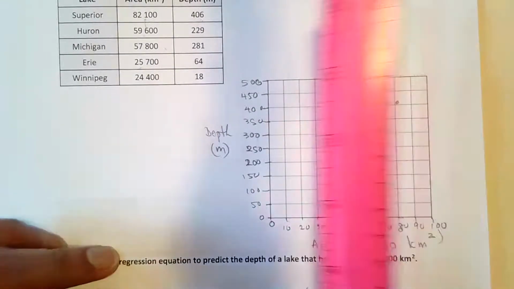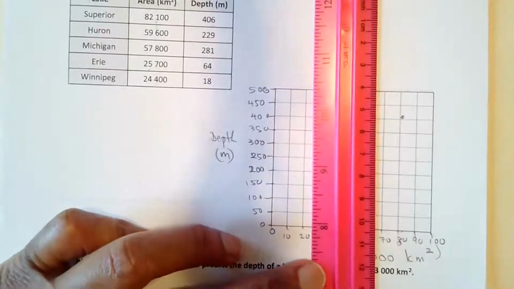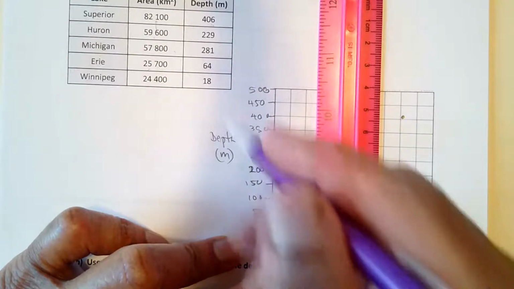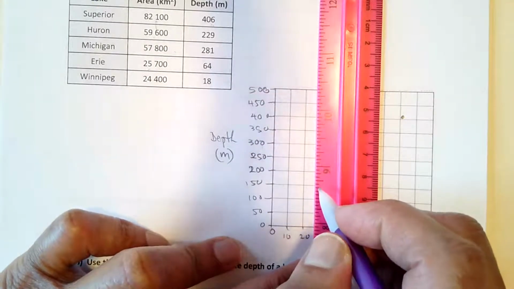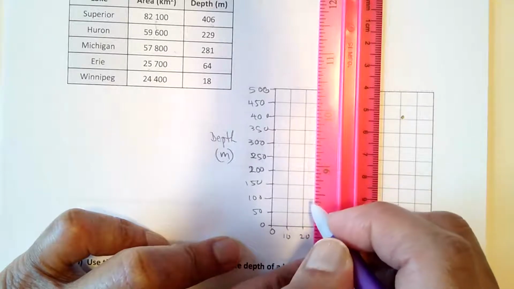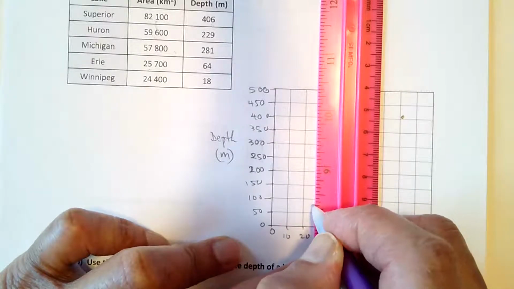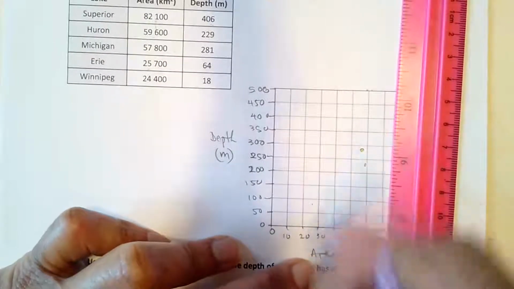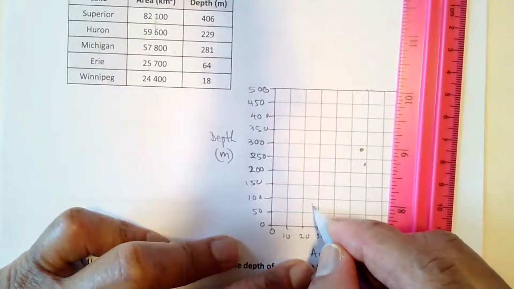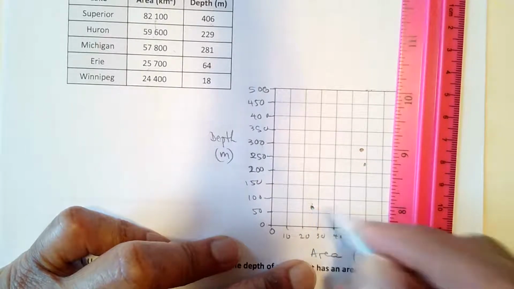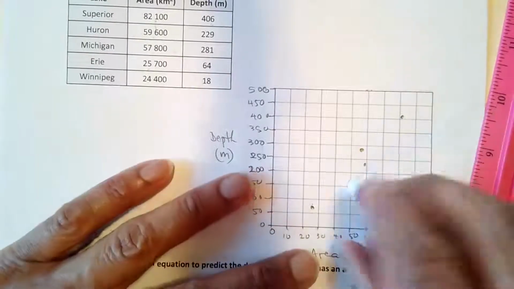So we have 25,000, which is approximately here. And it's 64 depth. 64 should be a little bit higher, 50 to 64, maybe about here. Slightly off.